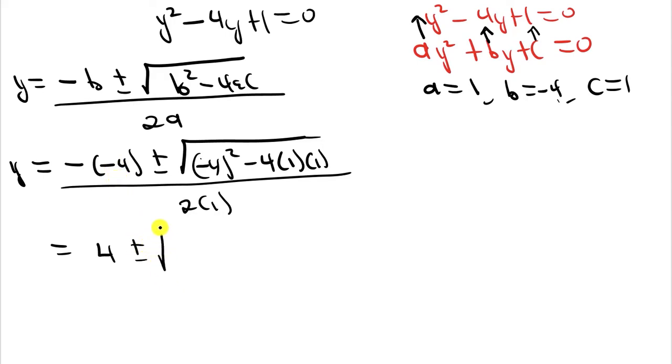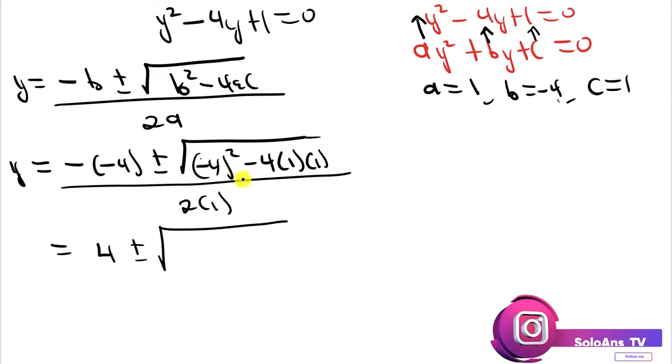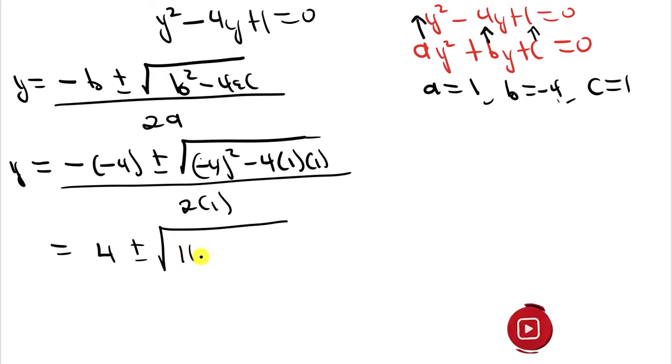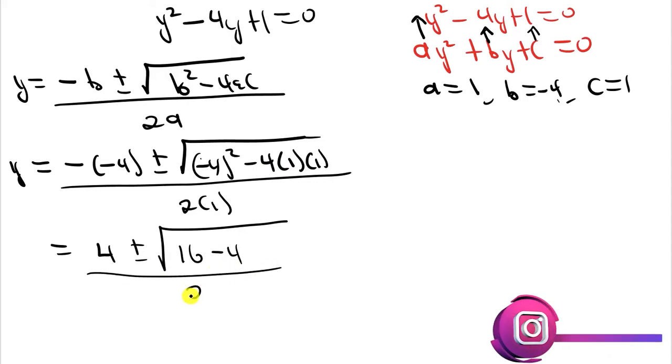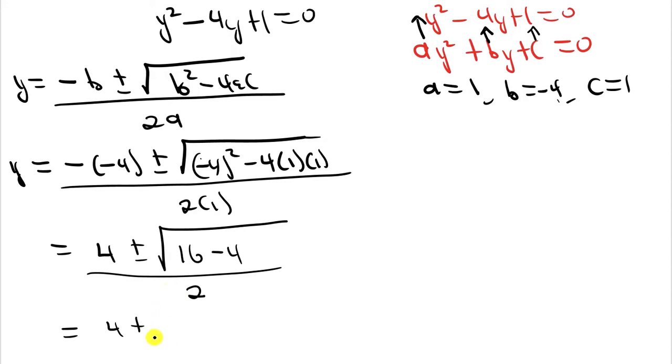Plus or minus, under the square root sign, minus 4 squared gives 16, minus 4 gives 12. We are left with 4 plus or minus the square root of 12 all over 2.